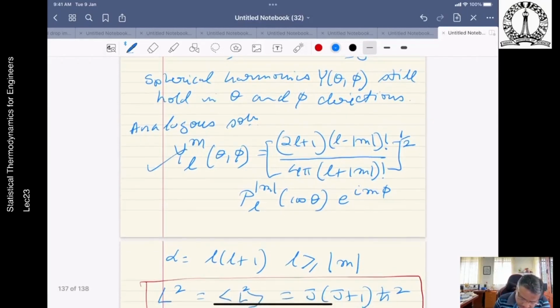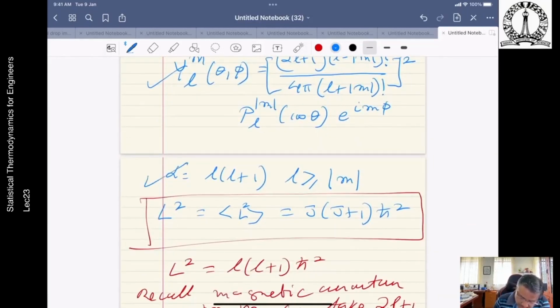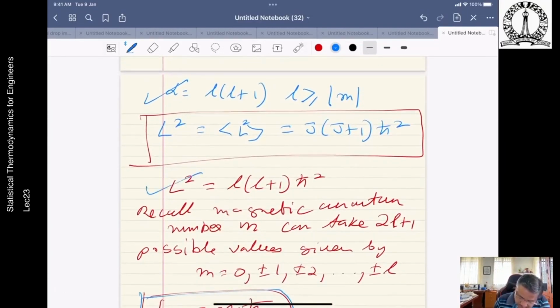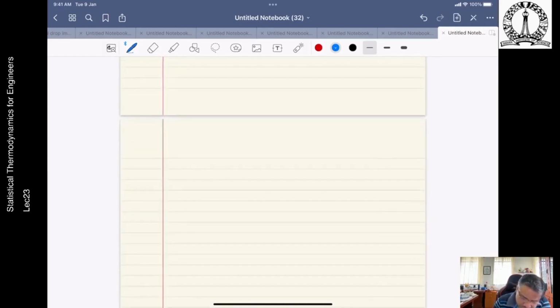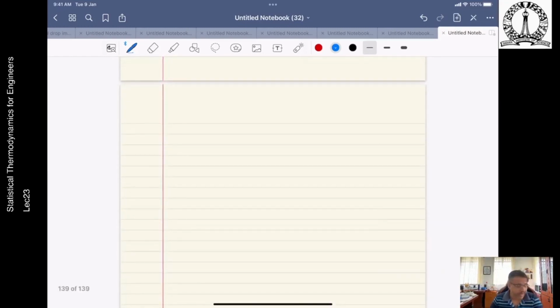This is absolutely analogous, this is also analogous, and the quantization along the z-axis is also similar. So there is no difference from a diatomic molecule at this point. But the distinctive feature comes from the radial component.